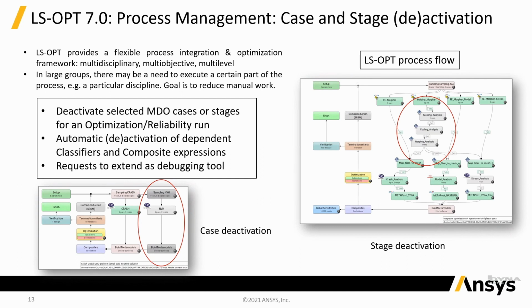So these are just 2 simple examples just to show how they can be deactivated. They're grayed out. It doesn't mean that the one on the right actually would work, but it is possible if, for instance, you have 2 cases, but you only want to run one of them, to just deactivate the particular case.